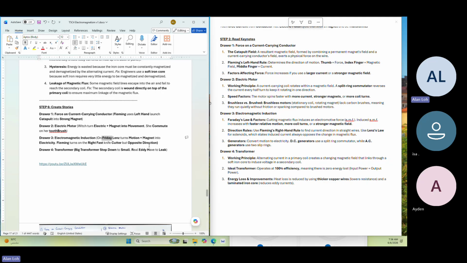So Fleming turns on the right fast knife cutter in the opposite direction. This right relates to right hand. Fast knife cutter relates to the faster you cut the magnetic field, the bigger electricity you are going to generate, right? And then the opposite direction is talking about the Lenz law.